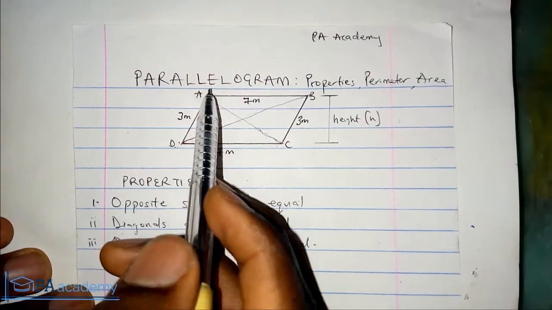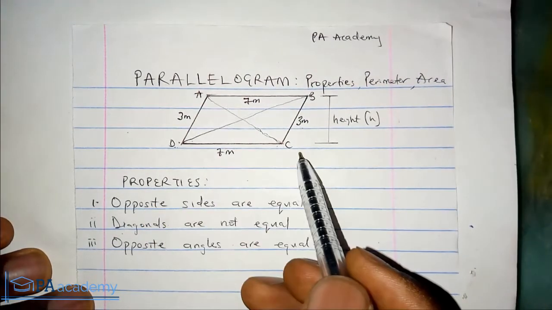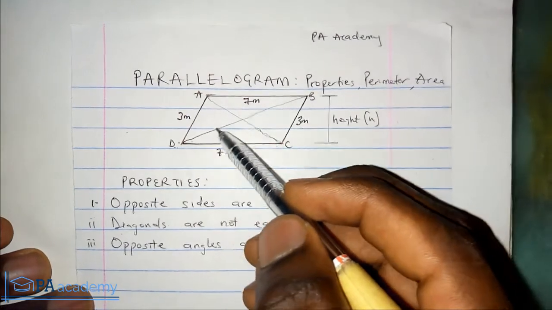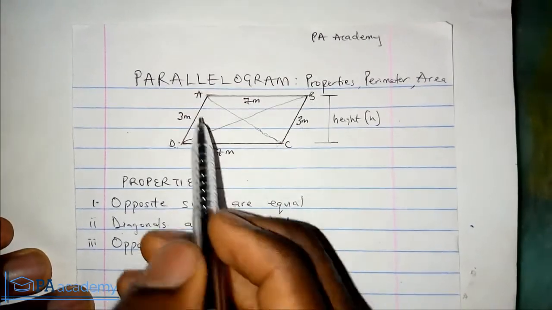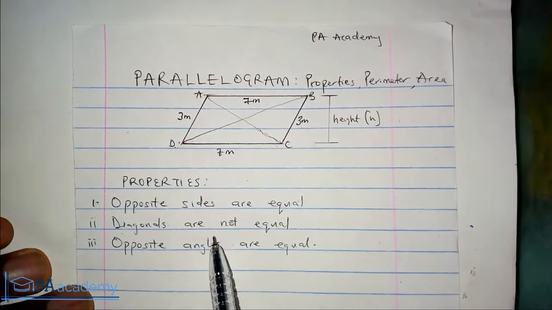If you look at these two diagonals, you see that they are not equal. Unlike a rectangle, where the diagonals are equal, when we look at parallelogram, the diagonals are not equal. If you look at this diagonal, it is longer than this one that comes from A to C. So that means the diagonals are not equal. That's another property of a parallelogram.